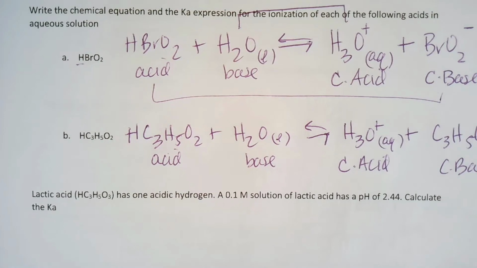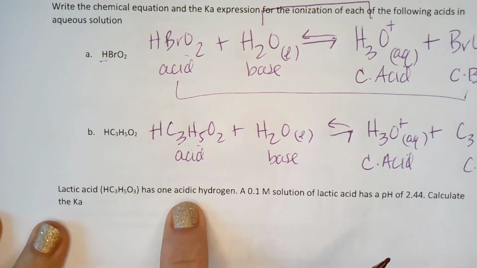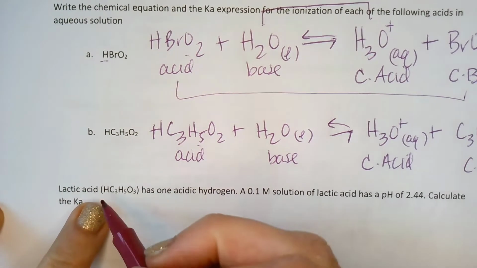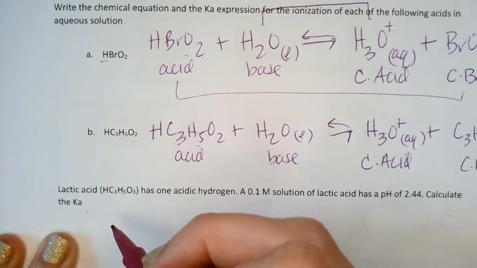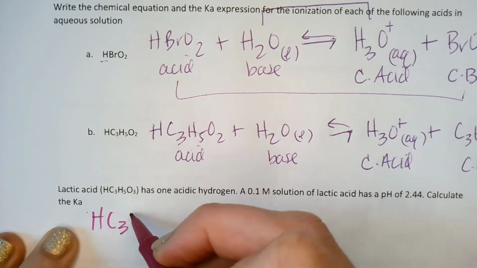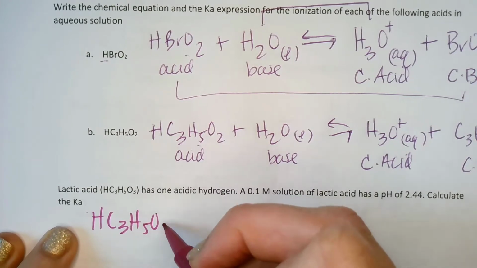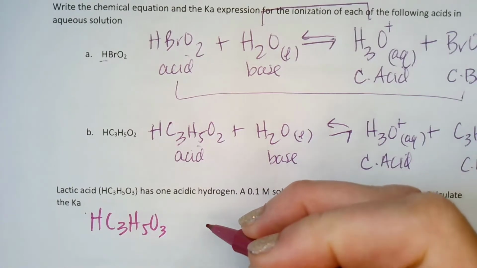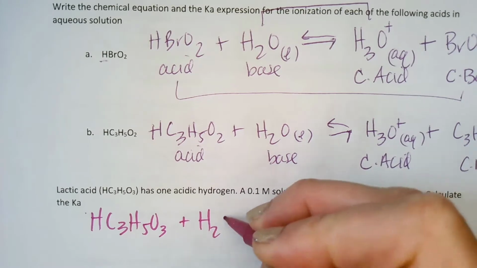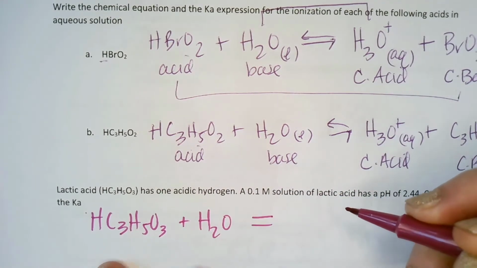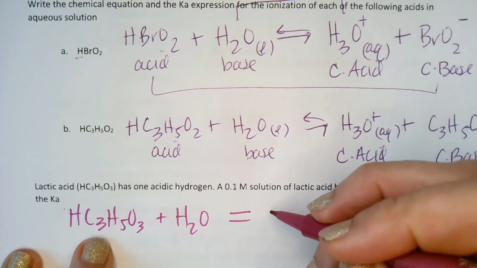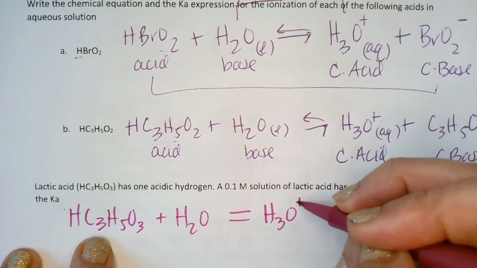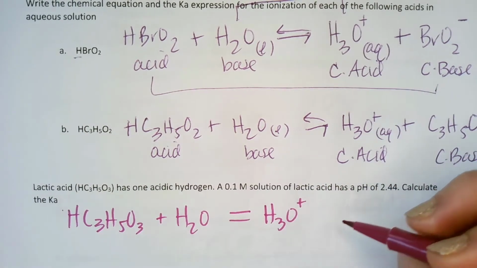We've got lactic acid. It only has one acidic hydrogen, so it's monoprotic. So you know the solution, HC3H5O3, when placed in water, is going to dissociate and form a dynamic equilibrium with H3O, forming H3O plus.